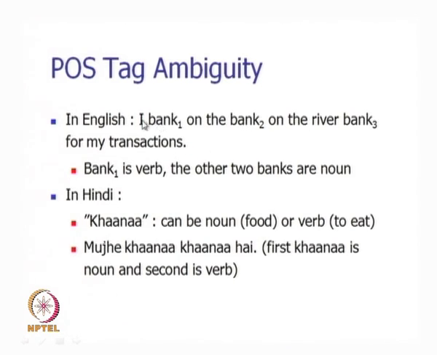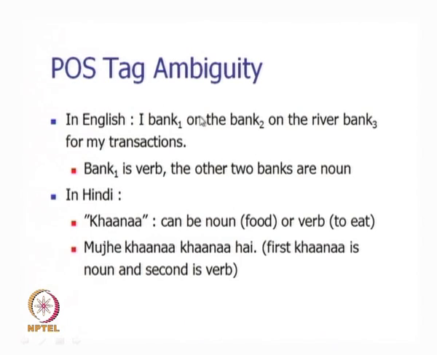I concede that this is not a very natural sentence, it is a rather artificial sentence, but it illustrates the points I would like to make. The first bank is a verb, this means depend. I depend on the bank, this is a noun. On the river bank, this is also a noun. The third bank is also a noun, for my transactions.